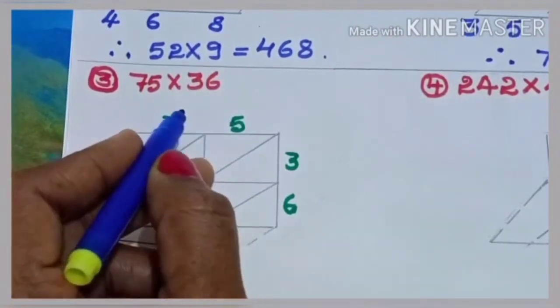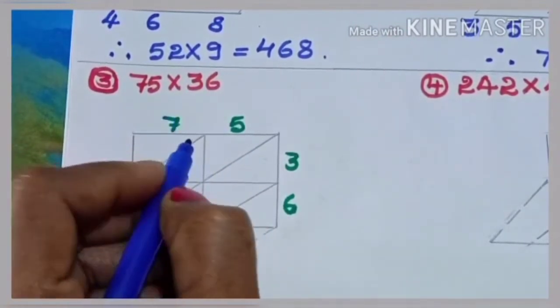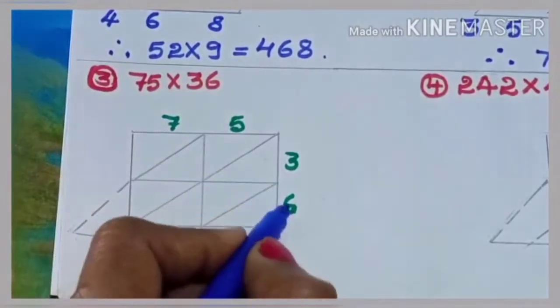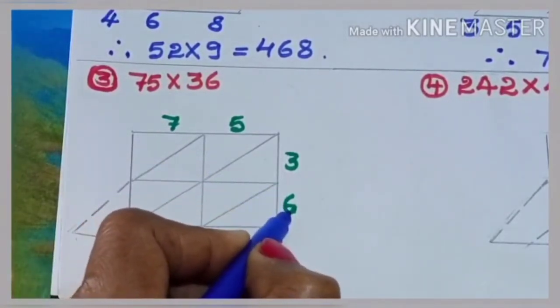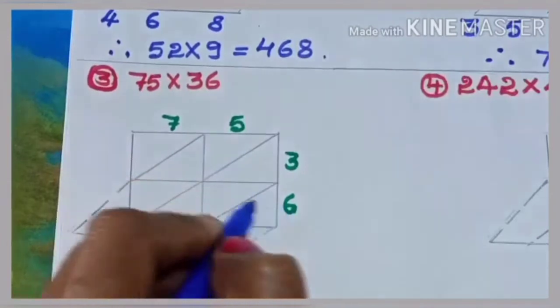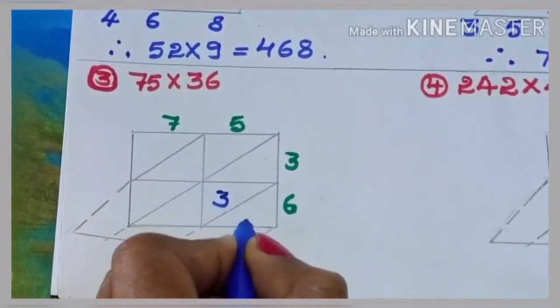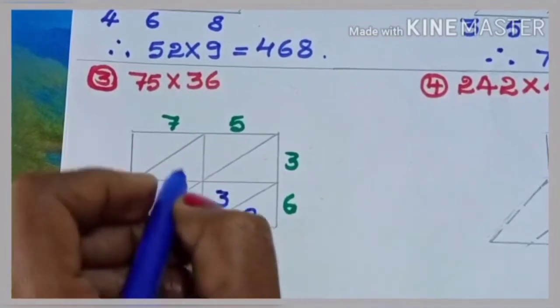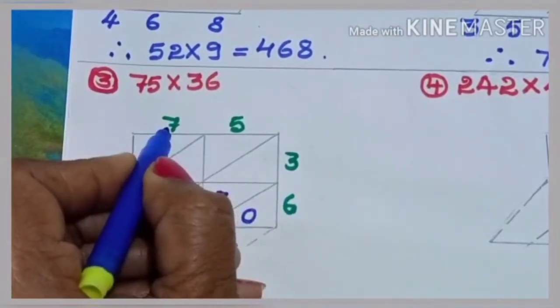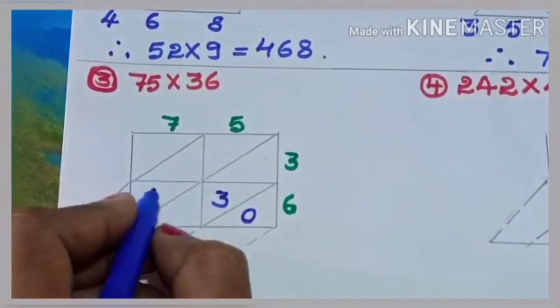Here we make two steps of multiplying. First of all, we multiply units. 6 fives are 30. Right? 30 in the box. 6 sevens are 42.